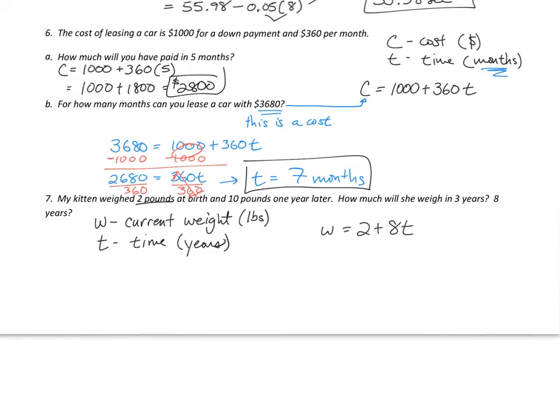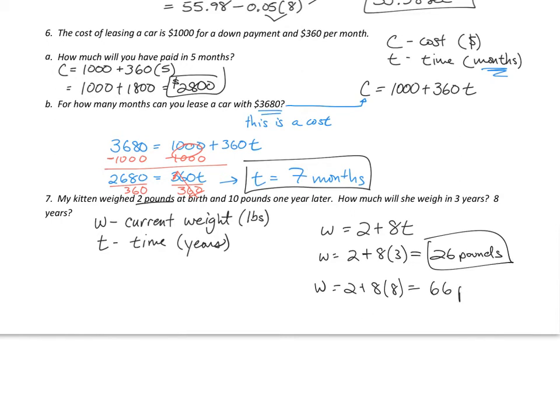So after 3 years, your kitten would weigh 2 plus 8 times 3, which is 26 pounds. After 8 years, your cat would weigh a whopping 66 pounds.